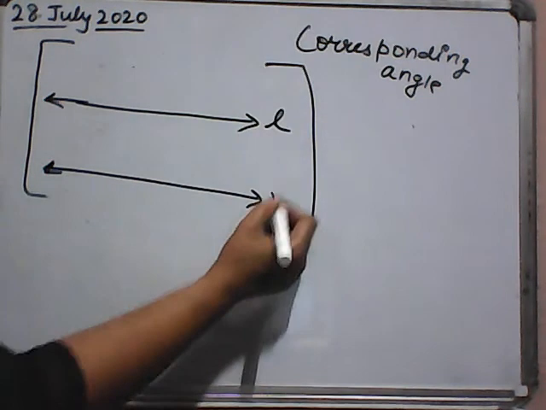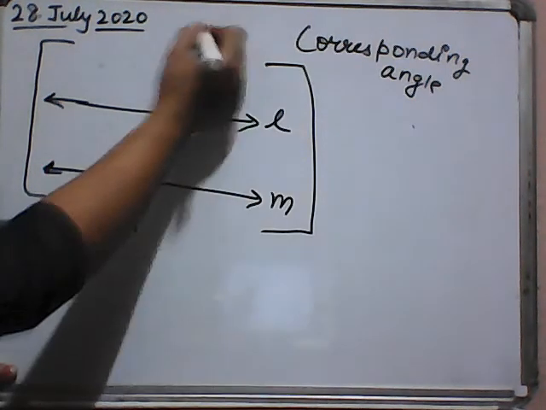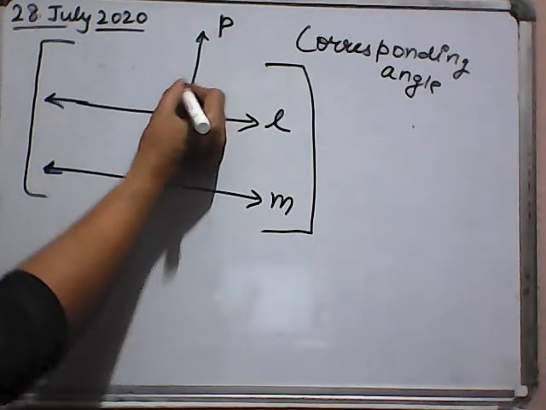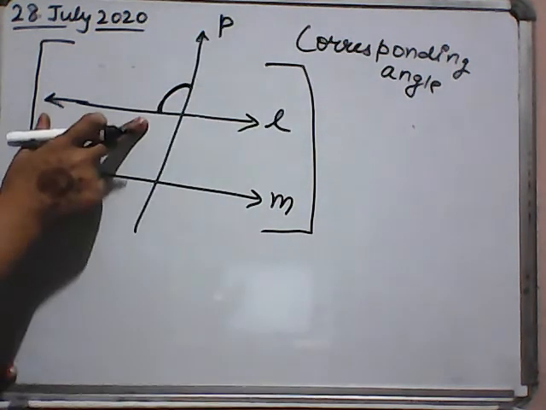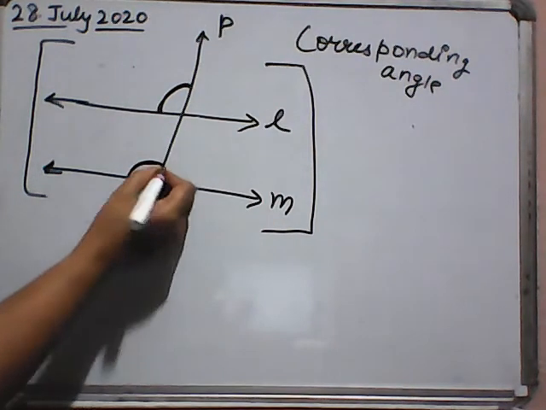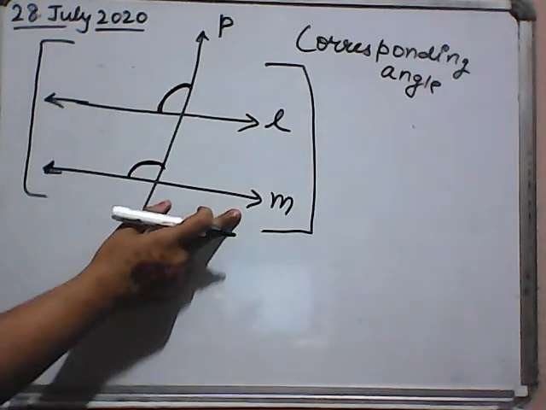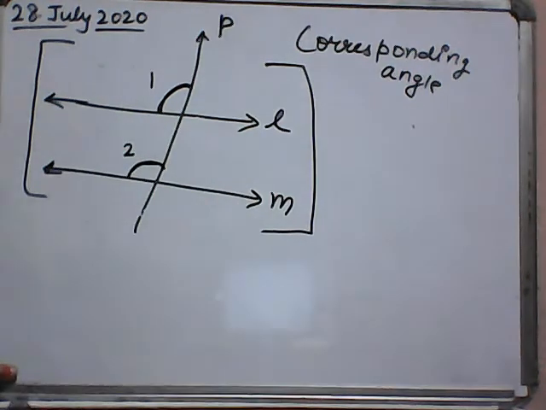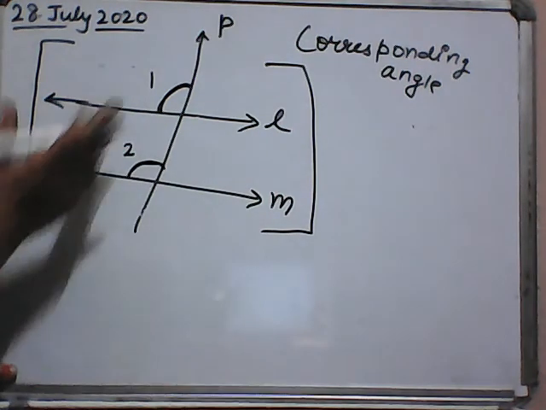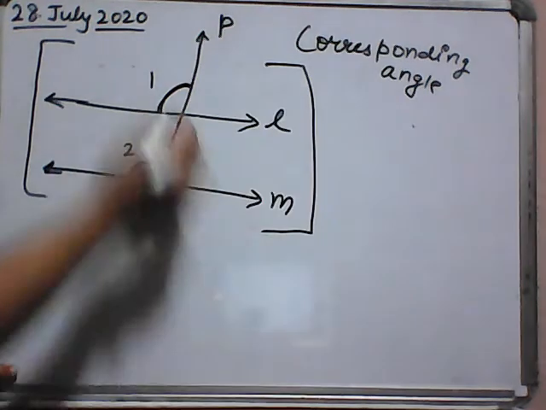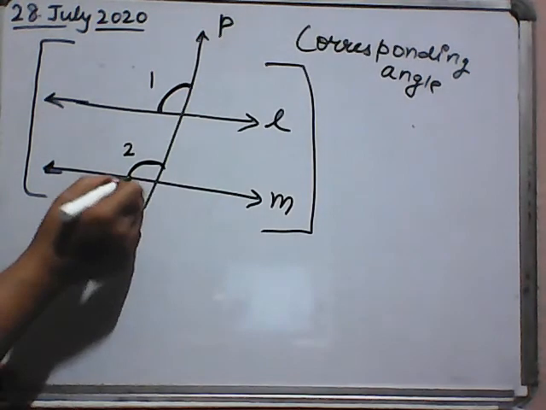These two lines are parallel to each other and this is a transversal line. This angle is made on the upper side of this parallel line, and another angle is also made on the upper side of the other parallel line. So these two angles are known as corresponding angles.